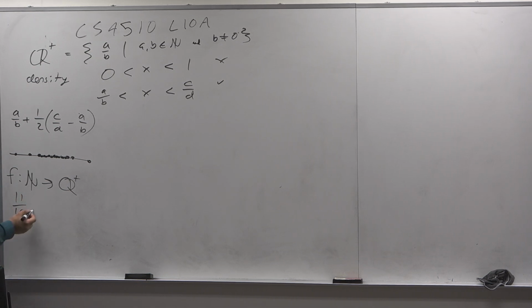Is that the first, in an intuitive sense, the first rational? What's a more first rational? 101 over 10. Aren't there things between those? Are you skipping them? Probably, yeah. Yes, we need to somehow... 1 over 10? 1 over 10, okay.